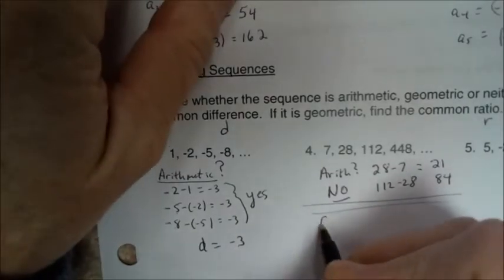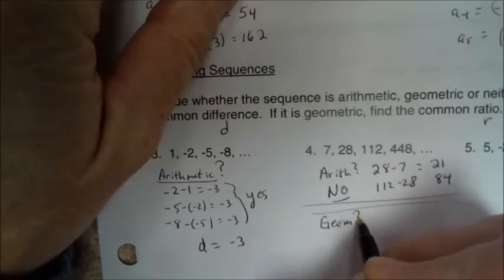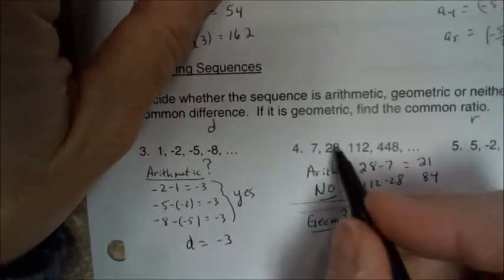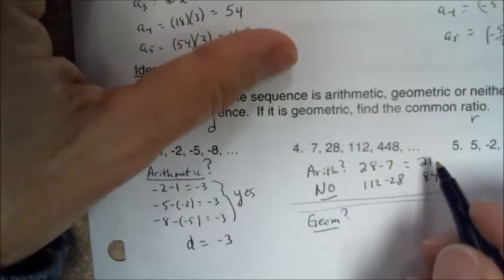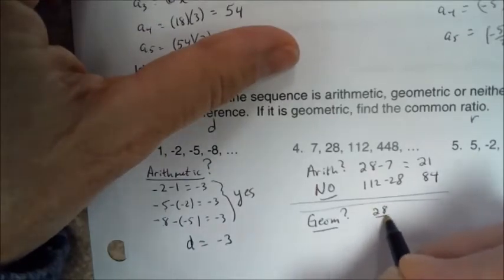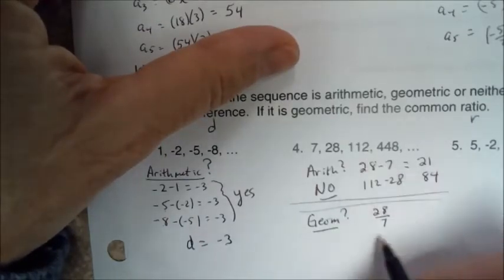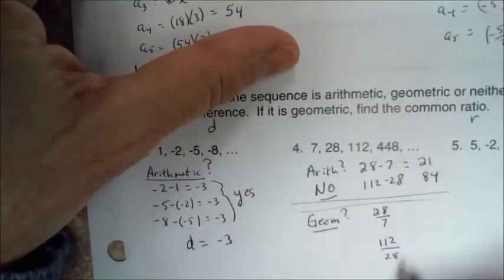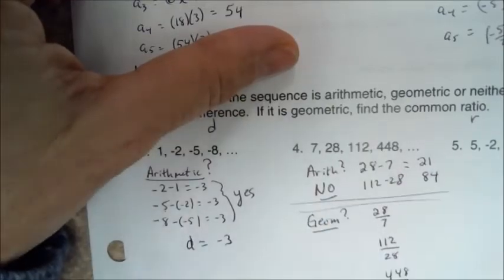Is it geometric? If it's geometric, then when you divide two consecutive terms, you get the same ratio. Is 28 divided by 7 the same thing as 112 divided by 28? The same thing as 448 divided by 112? Remember, you're dividing instead of subtracting.